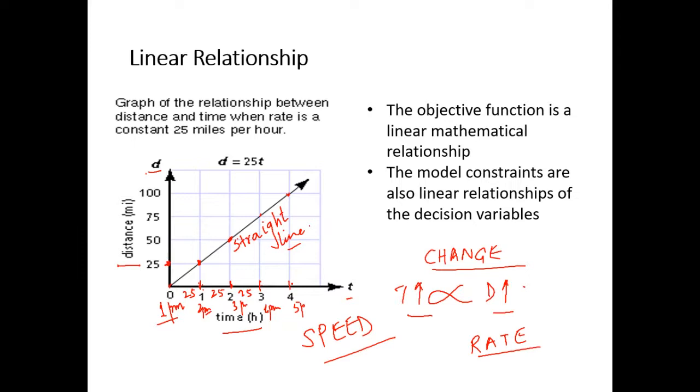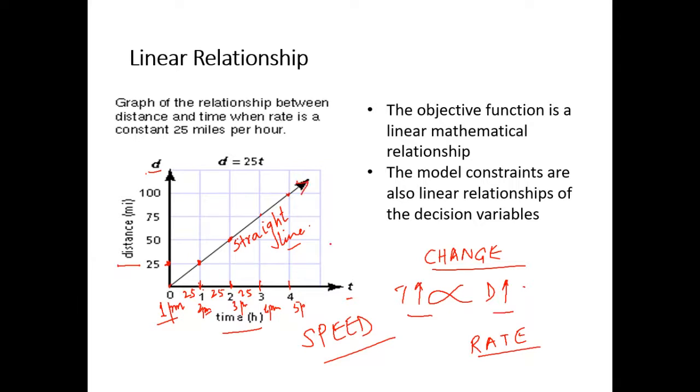Each 1 hour, the distance traveled is 25 miles. So that means the rate of change is same. So it is moving at a speed of 25 miles per hour throughout. There is no change.